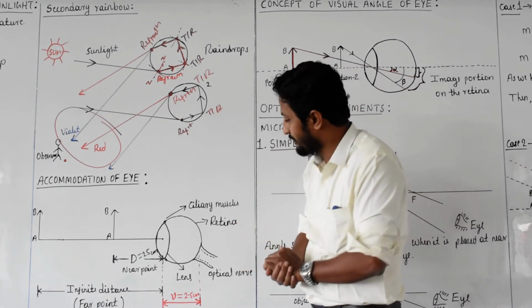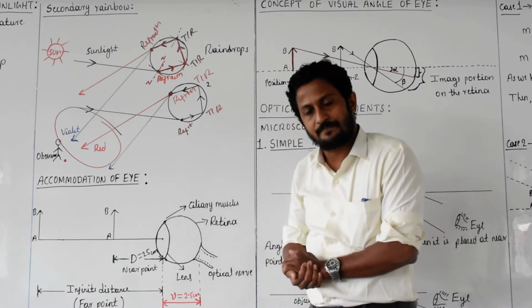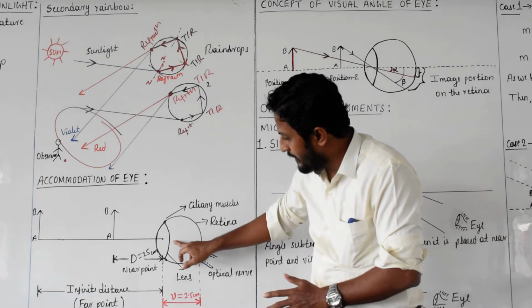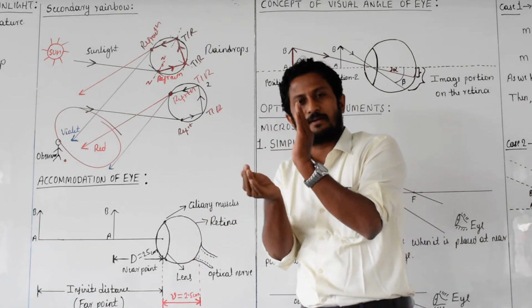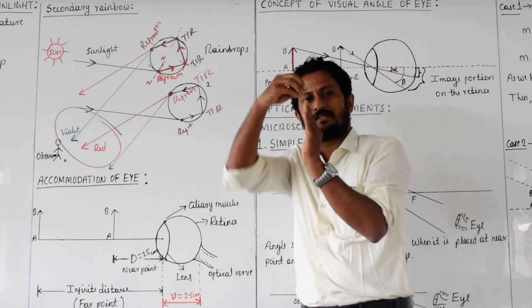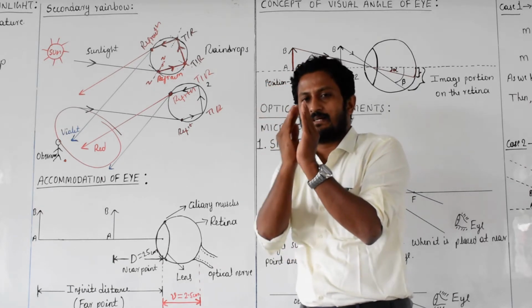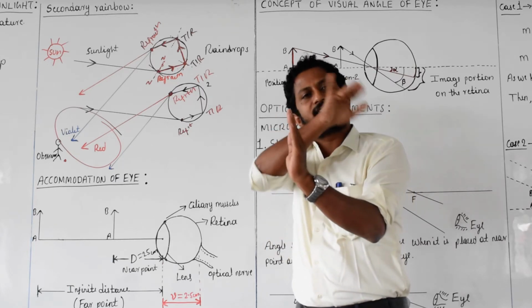Next, behind that convex lens. This is the front part, this is the back side. This is the biconvex lens, here ciliary muscles, and here the cornea.